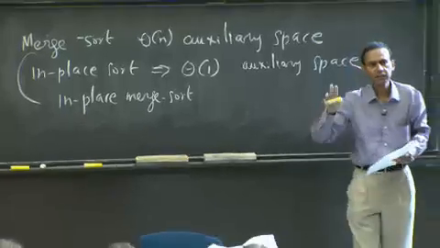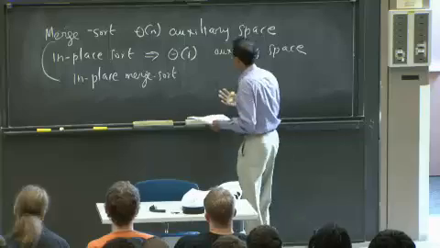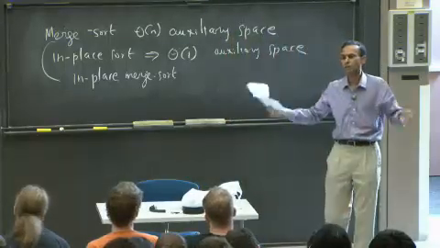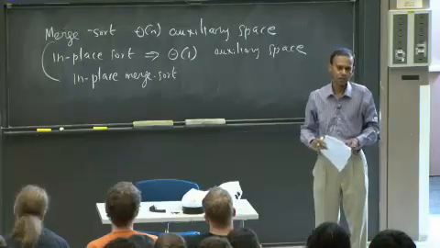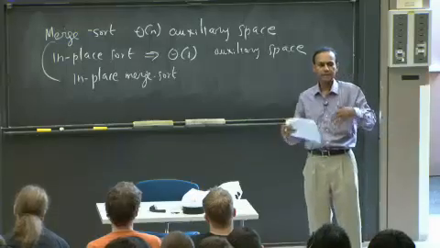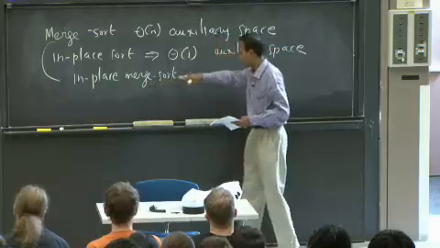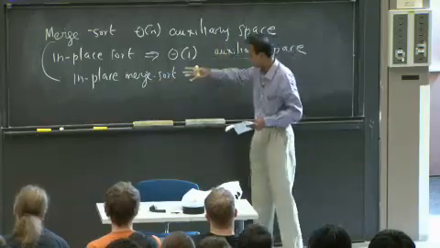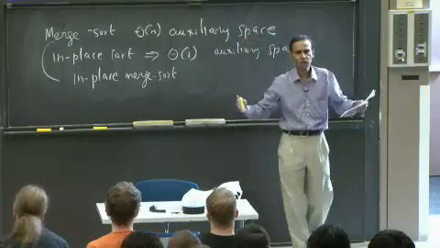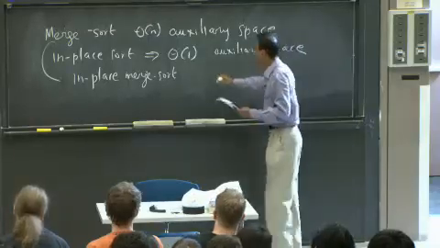So while it's in place and it's still theta n log n, the running time of an in-place merge sort is much worse than the regular merge sort that uses theta n auxiliary space. So people don't really use in-place merge sort. It's a great paper, a great thing to read. Its analysis is a bit sophisticated for 006, so we won't go there. But it does exist, and I just want to let you know that you can do things in place.